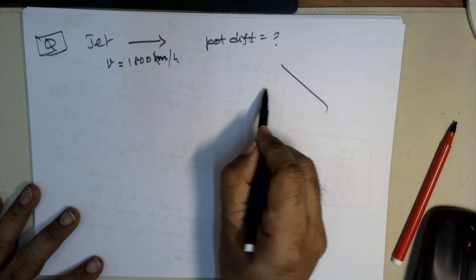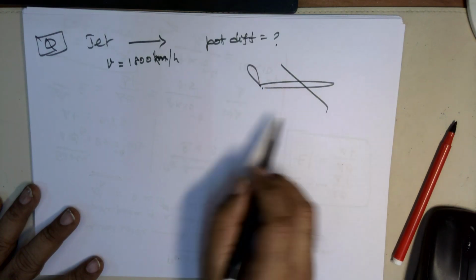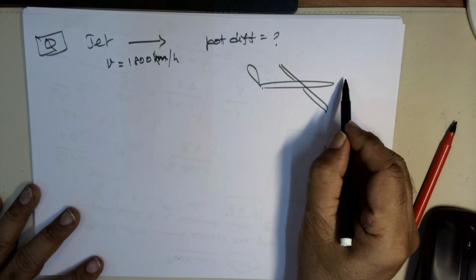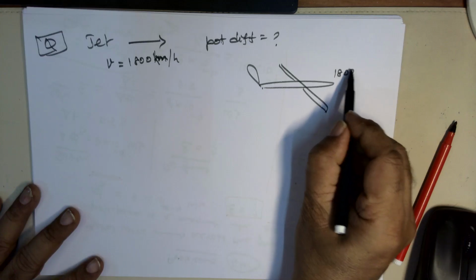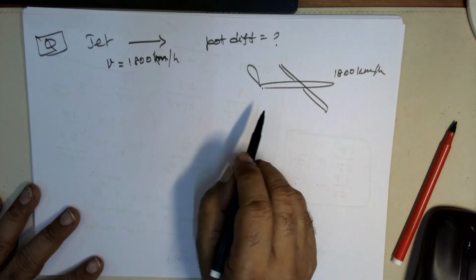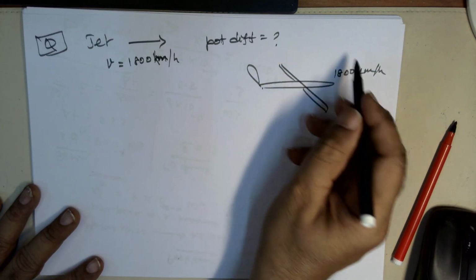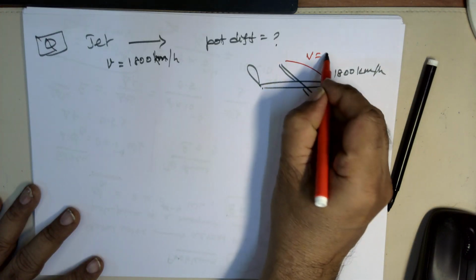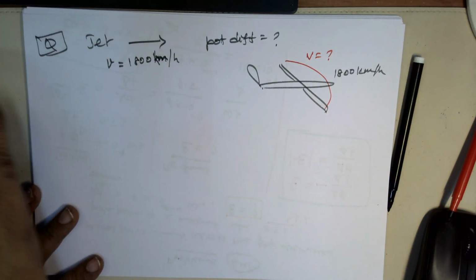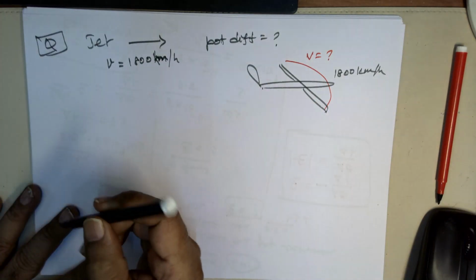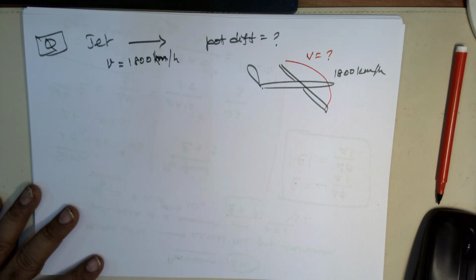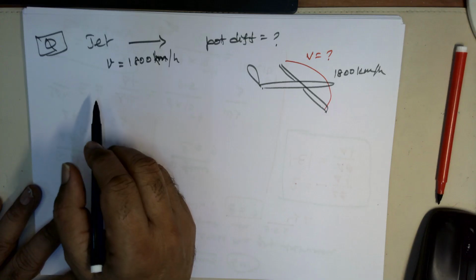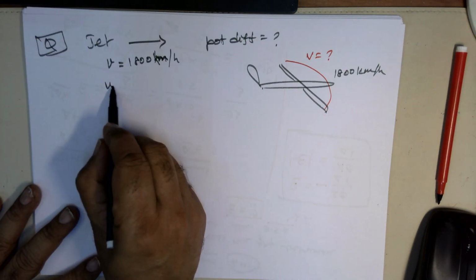So this is the aircraft, moving at a speed of 1800 kilometer per hour. The potential difference across the two wings is to be found, and the wing is of length 25 meter.